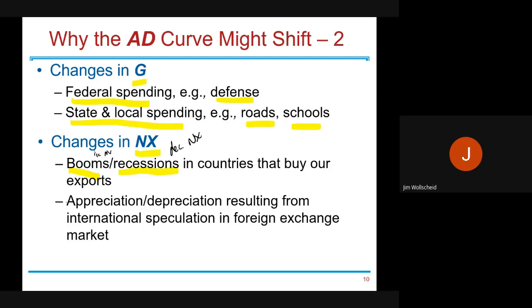There is also some based on appreciation and depreciation resulting in international speculation. Not a whole lot of that does occur, but not at a great rate. If I'm going to ask a question about net exports, I'm more than likely going to focus here on how other countries are doing. So remember, the United States, this is not really a big impact for us. If we look at overall trade in the United States, remember, it's only about 30% of our economy.